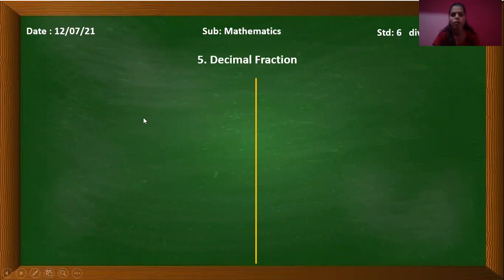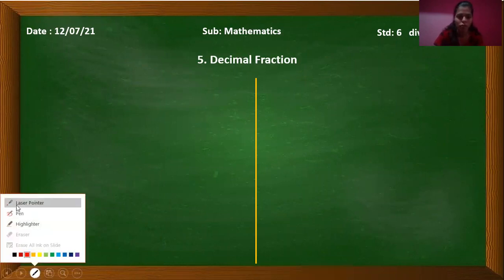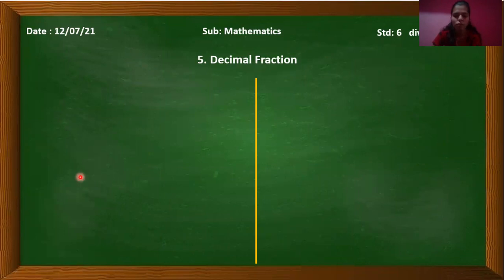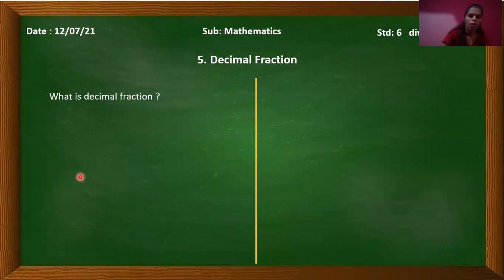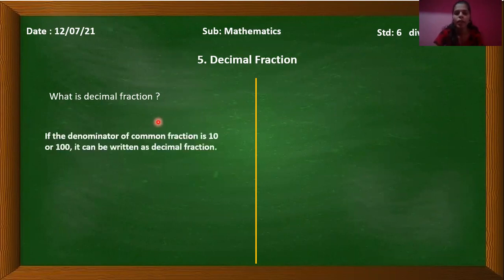So have you heard about decimal fraction? Yes, ma'am. So anyone can tell me what is decimal fraction? Anyone? It's easier. It's like a normal fraction, but in the denominator we have 10, 100, 1000 or many tens multiple.